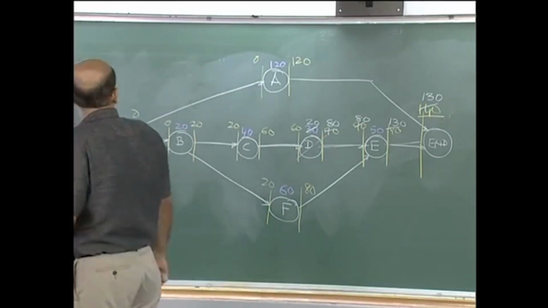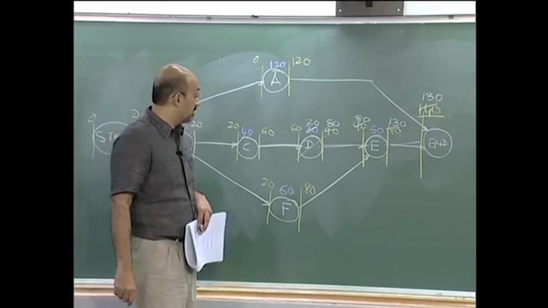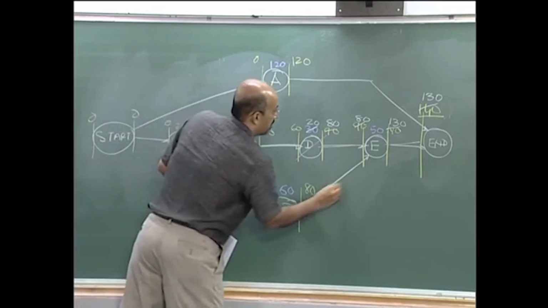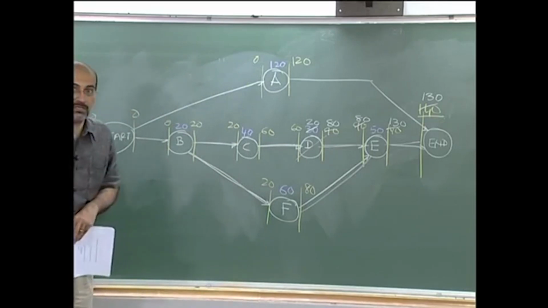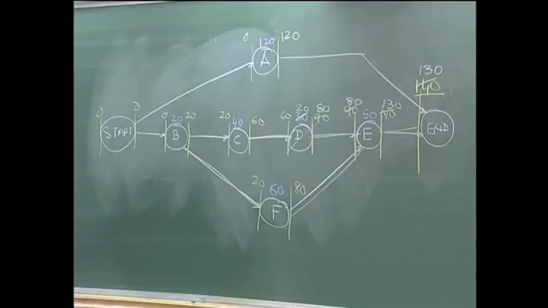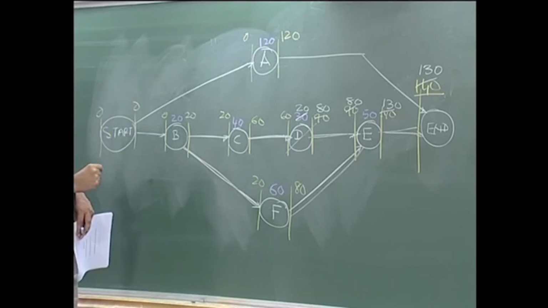What would be next? What is my critical path now? Now I have B, C, D, E and B, F. So any change now, and this is the important part, depends on the combinations. If you miss a combination and you don't calculate its cost, then you miss the whole thing. To see the combinations you can either go to the table, or here you can just look at the network.